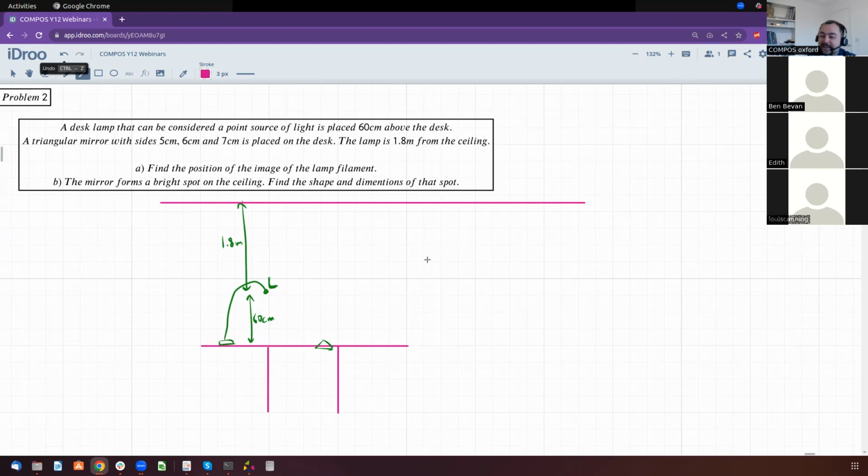And yes, one thing you should have learned about mirrors is that the image in a mirror is always the same size as the object itself.